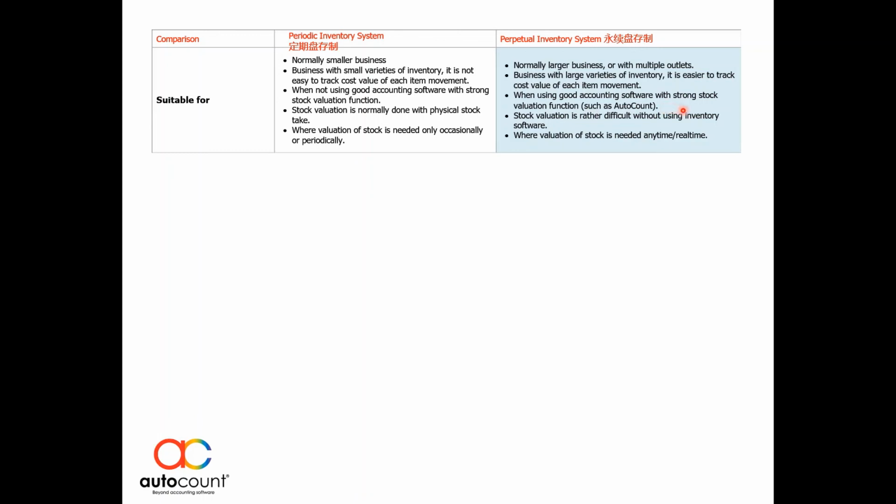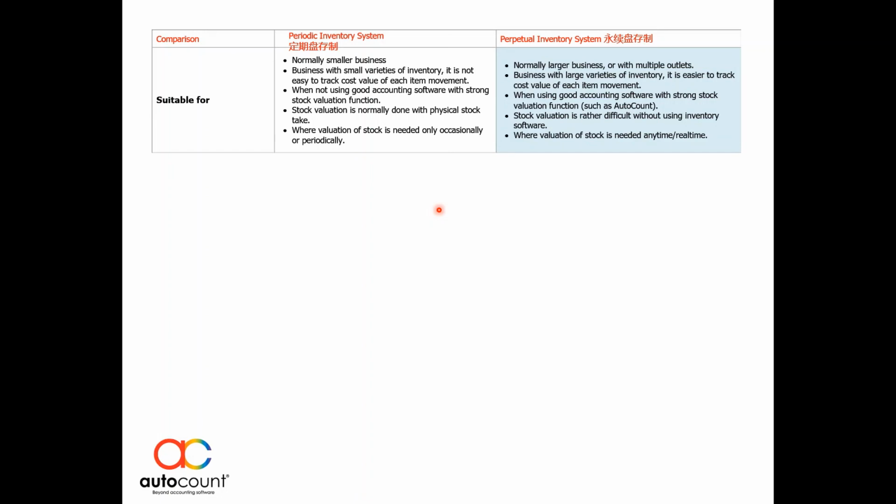Stock valuation is rather difficult without inventory software, so it is always good to have an accounting system with stock inventory, where stock valuation is needed anytime and is real time. So in the perpetual inventory system, the stock figure reflected in the balance sheet is the actual real-time stock balance, right? So that is so much about the comparison between these two inventory methods.